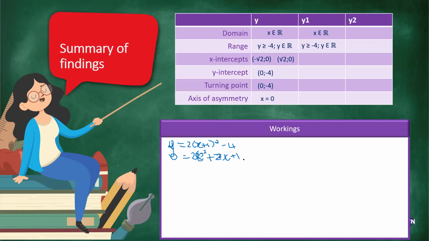Apologies again for the writing, guys. I don't have a pen. Okay, and that comes to 2x squared plus 4x plus 2 minus 4. Simplified, it comes to 2x squared plus 4x minus 2.